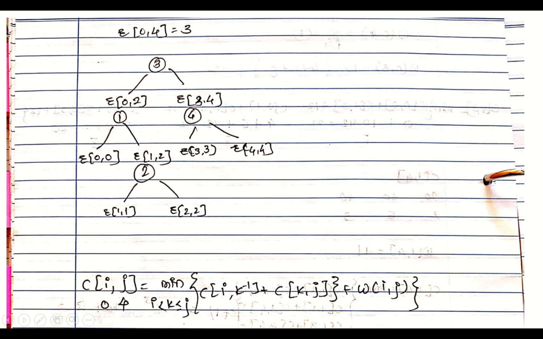Then 0 will be on the left hand side of 1, and 2 will be on the right hand side of 1. Then as 4 is on the right hand side, 3 will be on the left hand side of 4, and 4 is on the right hand side of 3, as it is equal or greater.